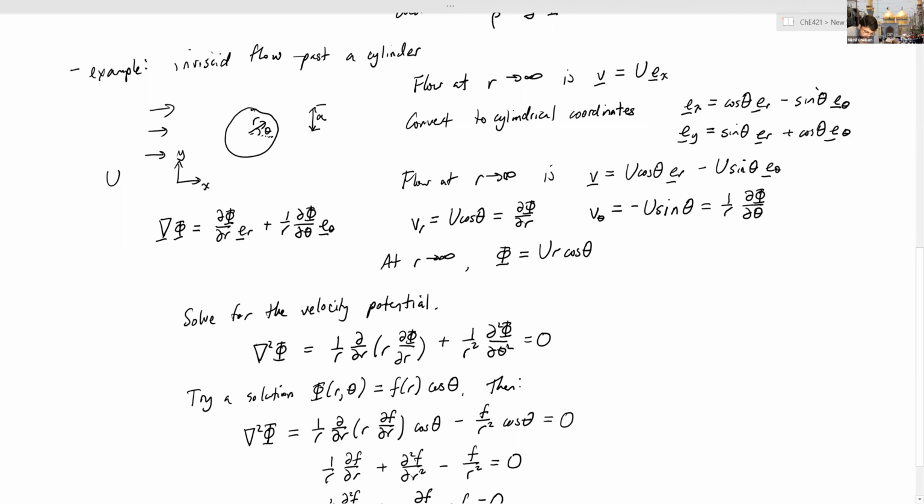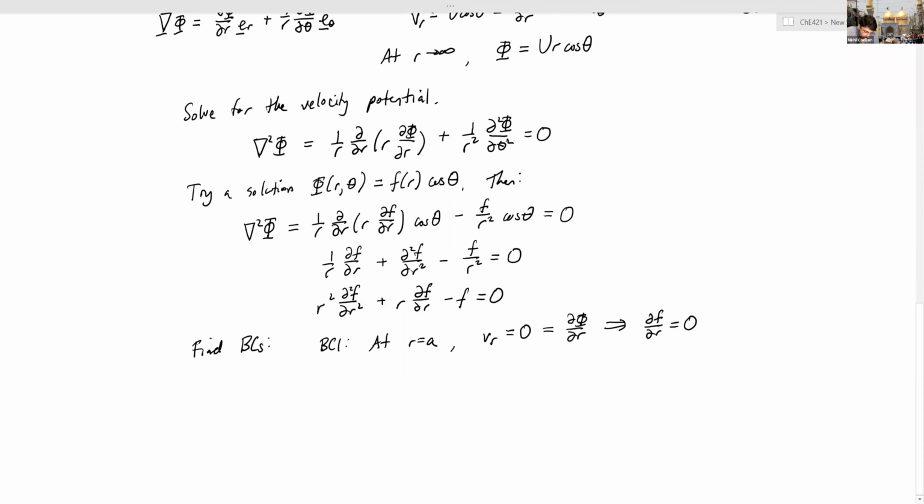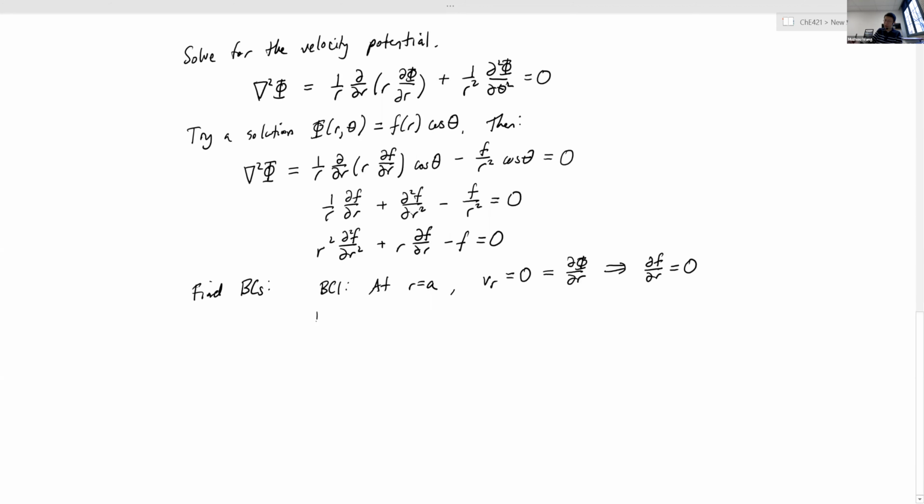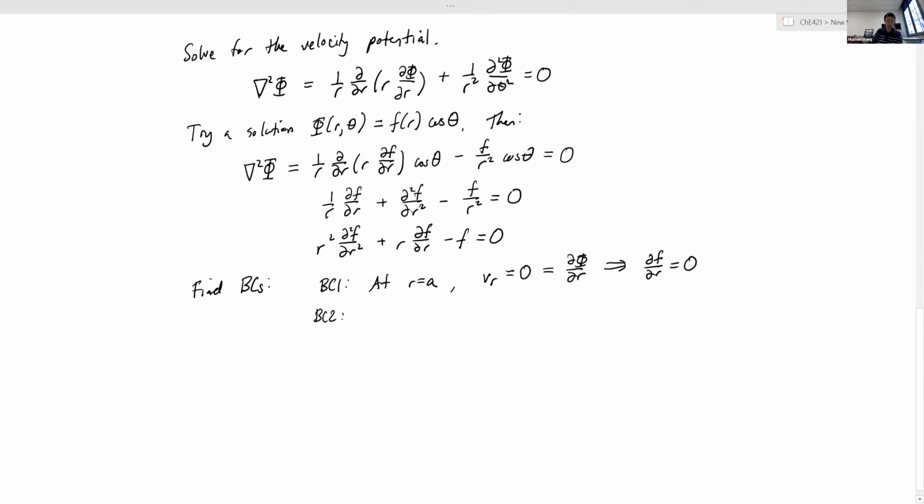Make sense? So our second boundary condition is going to be this. F is going to be equal to ur. Okay.